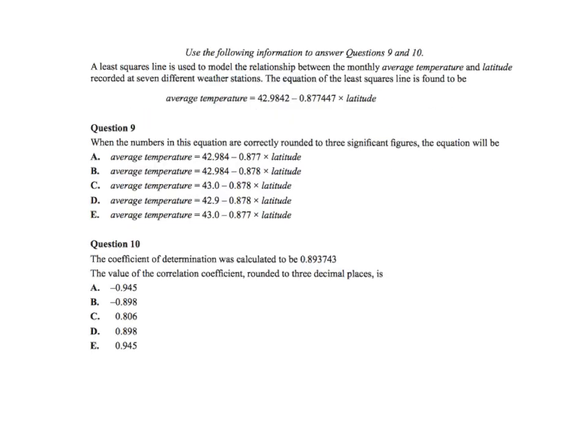So use the following information for questions 9 and 10. Good, we'll do that. So the least squares line, which we'll learn in a minute, is a line of best fit, used to model the relationship between average monthly temperature and the latitude recorded at 7 different weather stations.